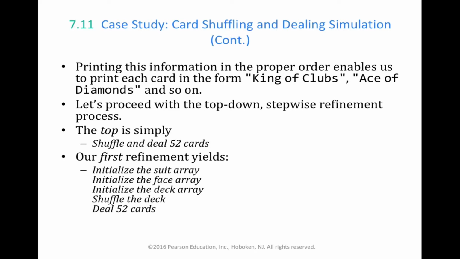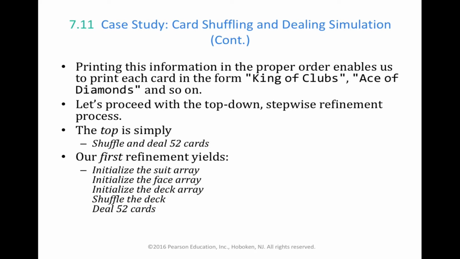So let's look at this top-down stepwise refinement. The basics are here. I want to shuffle and deal 52 cards. That's what I want to do. So what's our first pass in figuring out what that needs to look like? Well, first I have to initialize the suit array, then I have to initialize the face array, then I have to initialize the deck array.